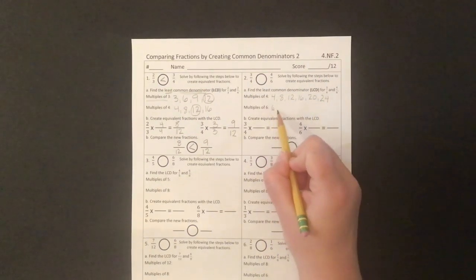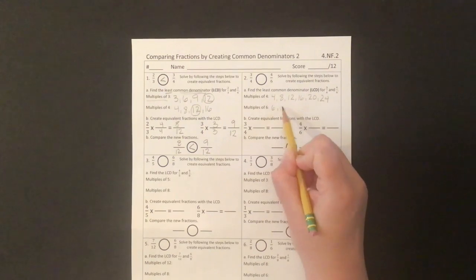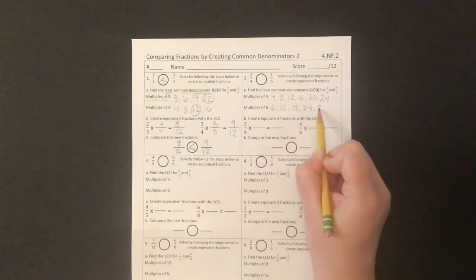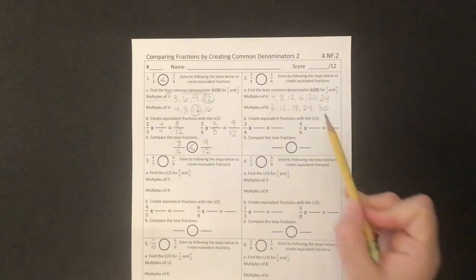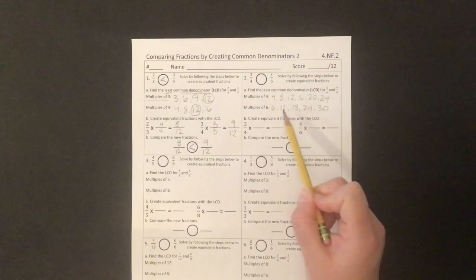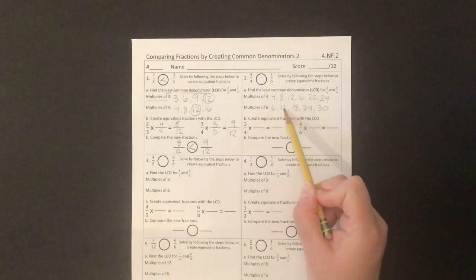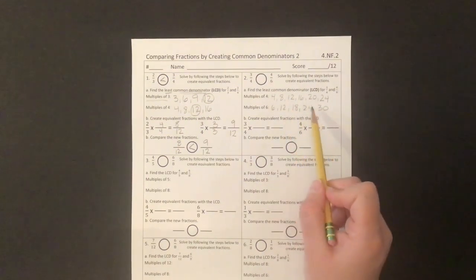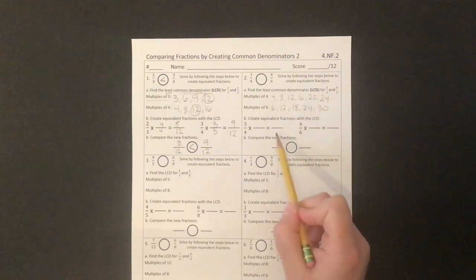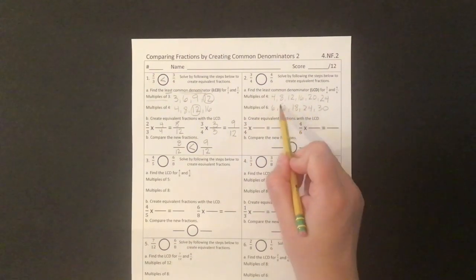Then we have 6, 12, 18, 24, 30. So I noticed that 24 is a common multiple, but I also noticed that 12 is a common multiple. You could pick either one of these multiples for a common denominator.